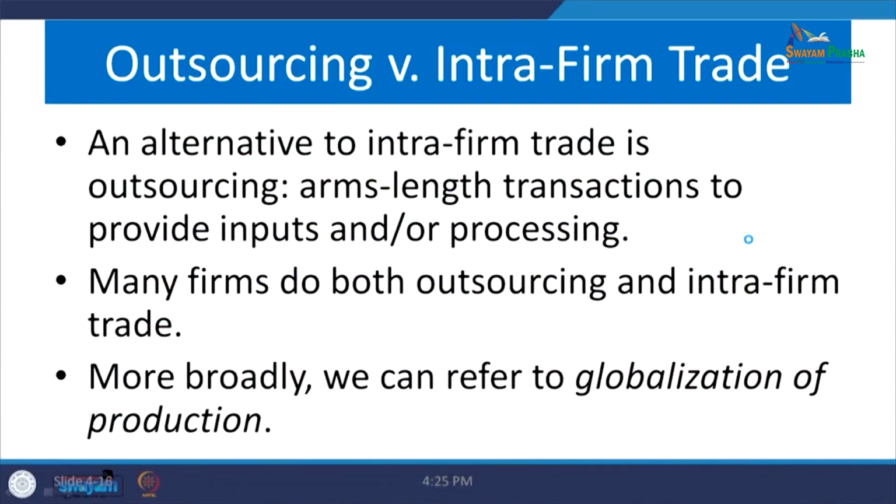So, globalization actually has helped a lot to think of intra-firm trade. The HO theory is purely based on domestic endowments, but now in the present day's discussion this is no more domestic.